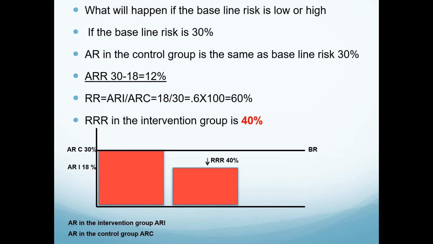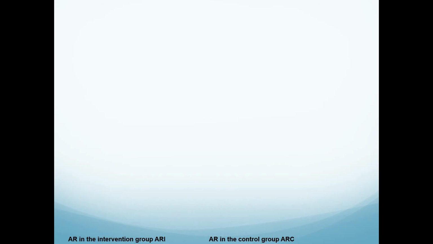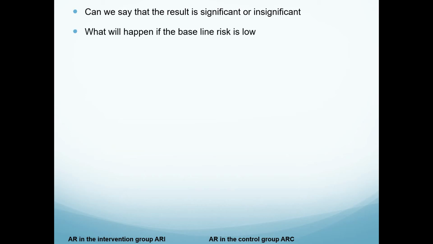To be able to understand more how important it is to know the absolute risk, look at the continuation of this example. To be able to say whether this result is significant or insignificant, we will look at this same example.